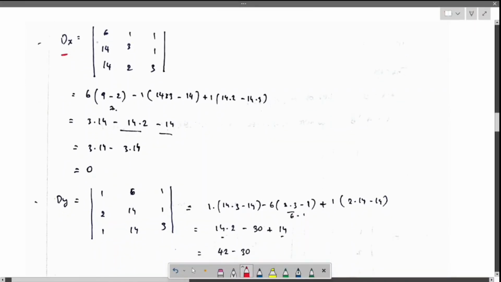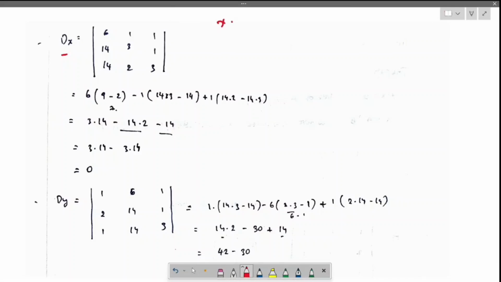Dx is the same, but in place of the x coefficients we replace with the constants. Put 6, 14, 14 here, and the y and z coefficients are the same. Then find the determinant.